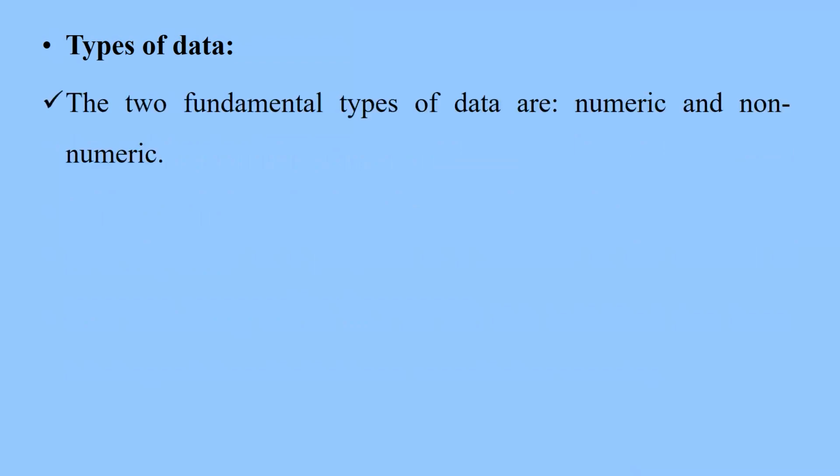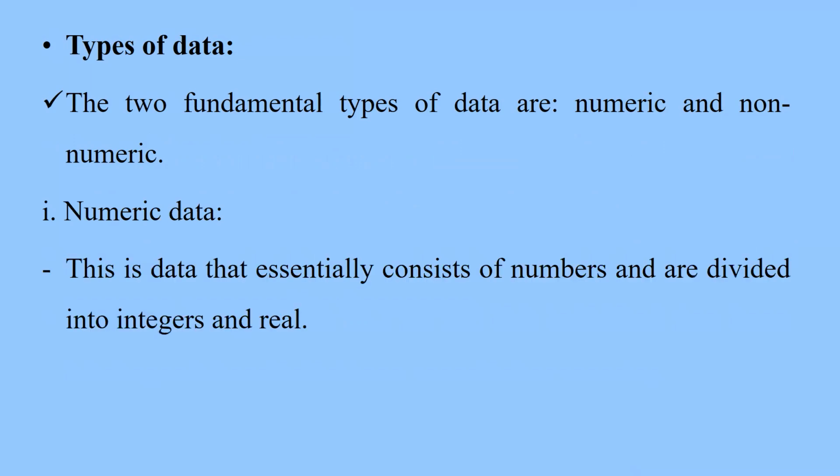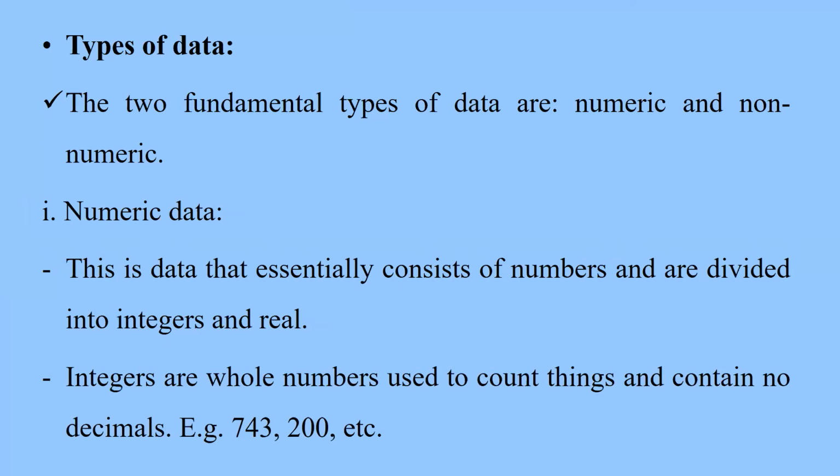The types of data that we normally find in programming are number 1, numeric, and number 2, non-numeric. When you talk about numeric data, we are simply referring to data which essentially consists of numbers that can either be whole numbers or numbers with fractions, that is, integers or reals.